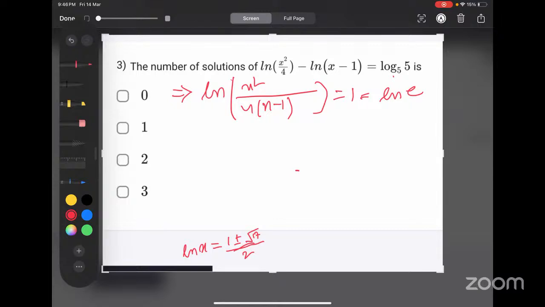So this is also 1. Okay, ma'am, go ahead. ln we can cancel out, so we will get x square equals e into 4 into x minus 1.